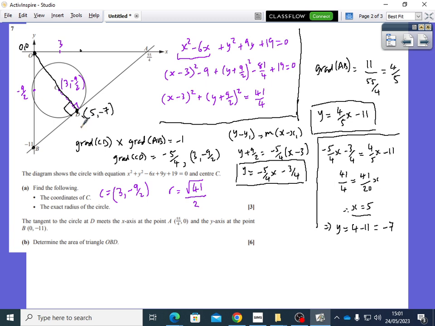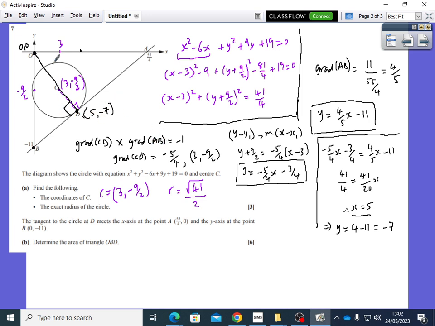Just give me 1 second. No, it's not going to be perpendicular. I'll take that back. This is not going to be perpendicular to that because the line that is perpendicular to C goes through the circle, it goes through there. So not to worry about that.